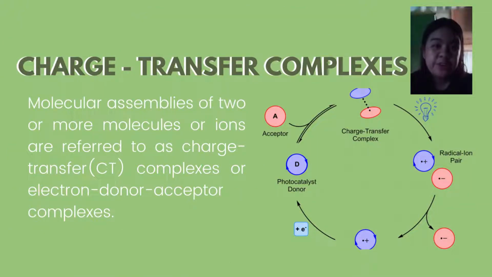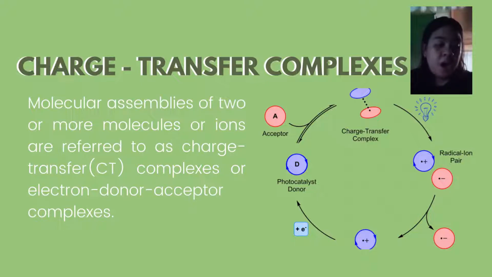Charge transfer complexes are molecular assemblies of two or more molecules or ions, also referred to as electron donor-acceptor complexes. Two molecules self-attract to each other by electrostatic forces to form the assembly. One is at least partially negatively charged, while the other one is partially positively charged.